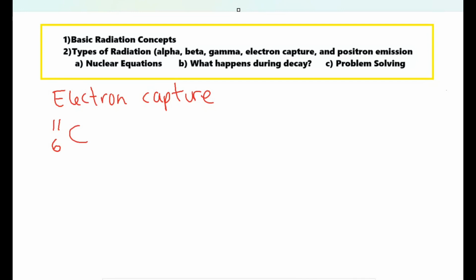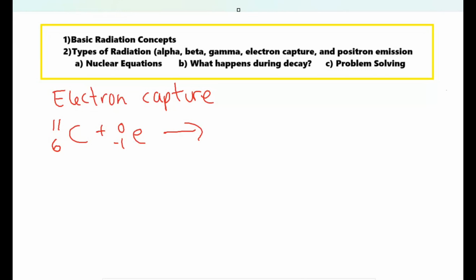Now for this one, because it's capturing an electron, we have the electron on the left side of our formula. And then after the nucleus absorbs an electron from an inner shell, a proton changes into a neutron.